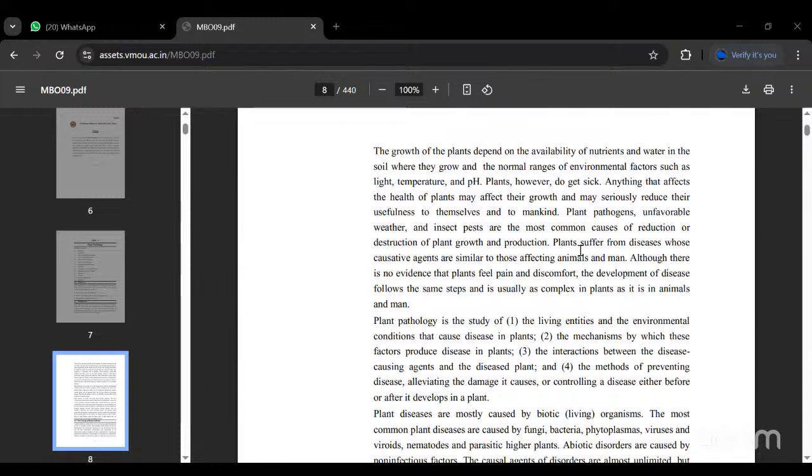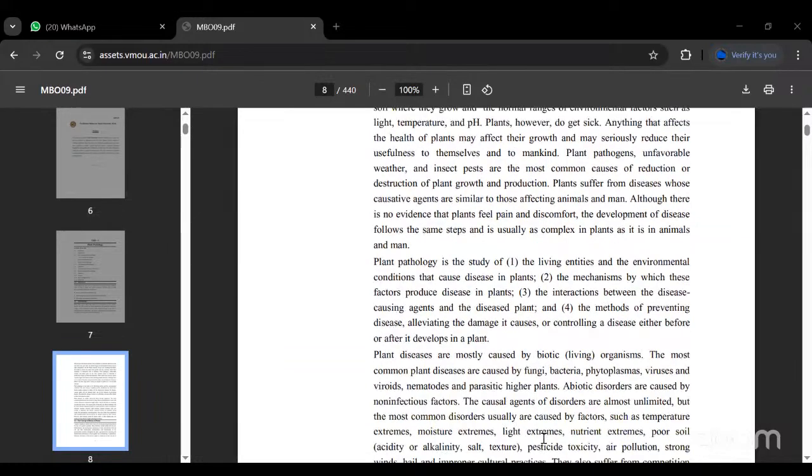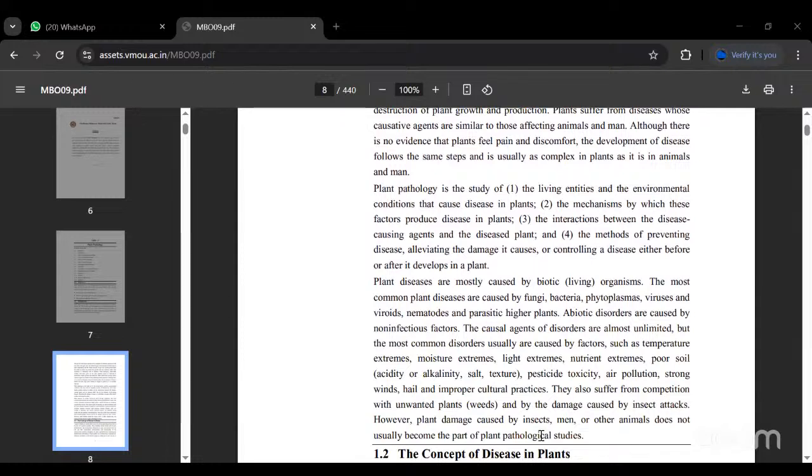The most common plant diseases are caused by microbes such as fungi, bacteria, phytoplasma, viruses, mycoplasma, viroids, nematodes, and parasitic higher plants.